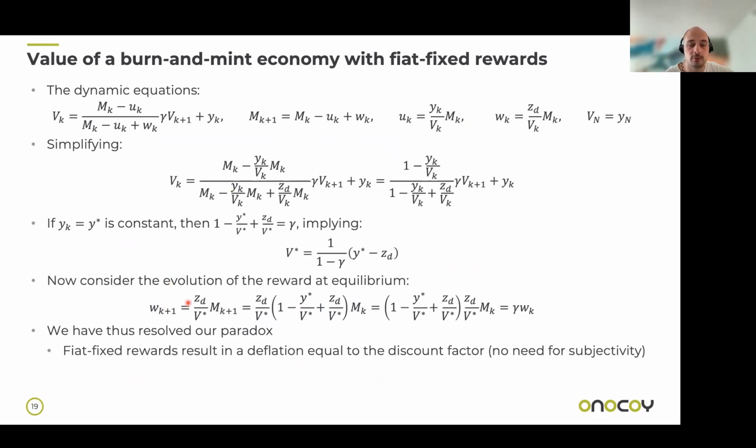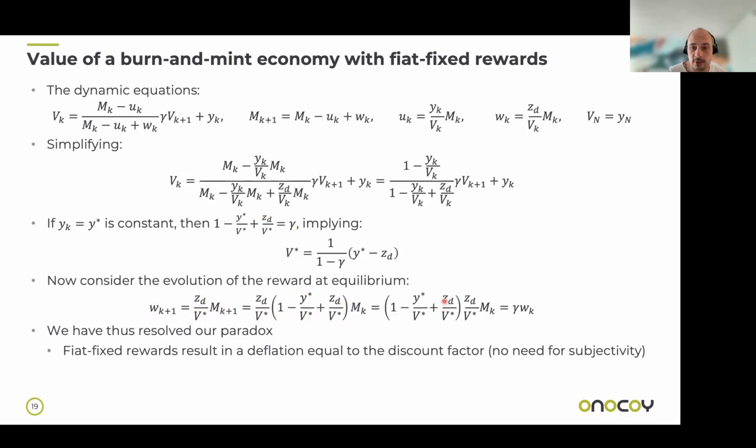And so to bring this all home and relate it to the deflation factor that was giving us so much trouble before, let's consider how the amount of rewards per round evolves. So basically, if we want to figure out what WK plus 1 is and how we relate that to WK. If you do this math, you can take this term out, and remember that term is equal to gamma.